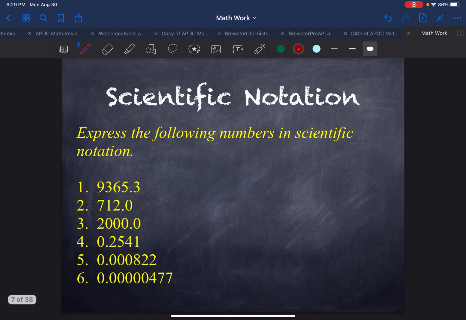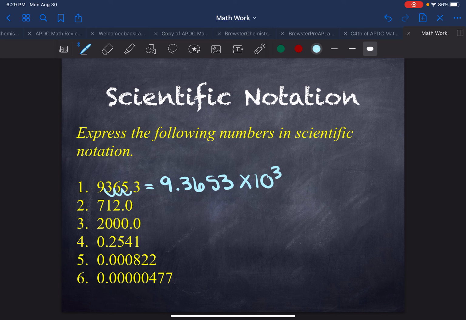So what we did was we practiced some. Again, we're simply going to be moving our decimal. Here's my decimal. I grab 1, 2, 3. And so my number becomes 9.3653 times 10, and I moved it 3 spaces.